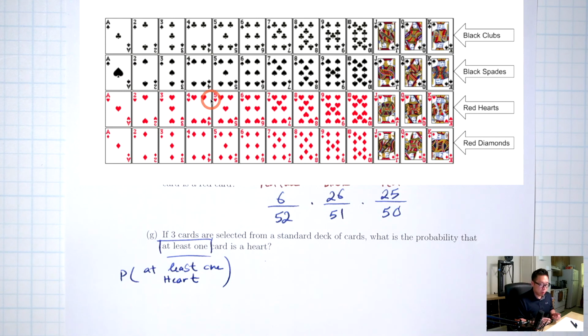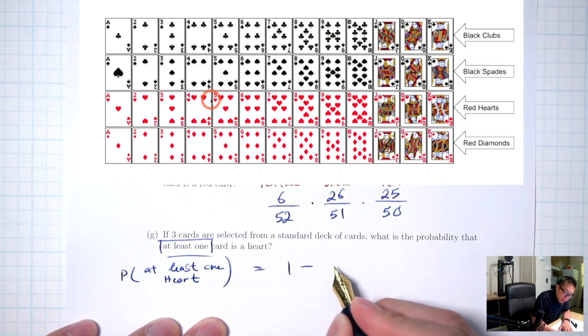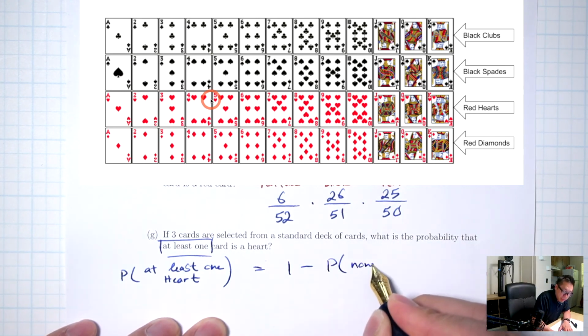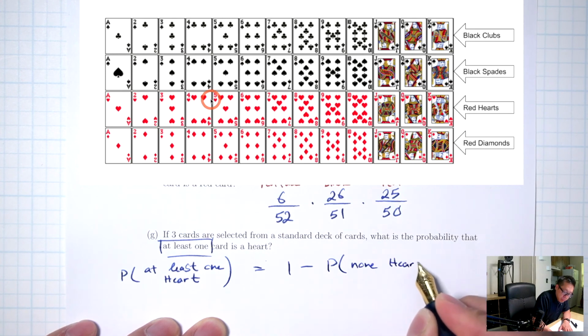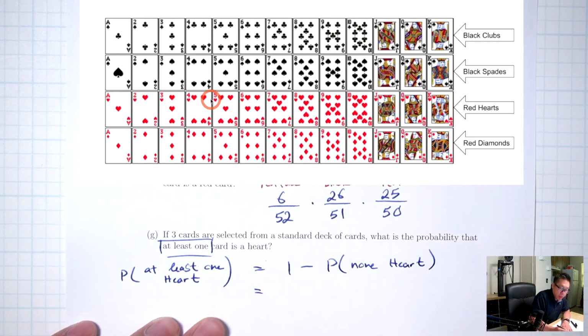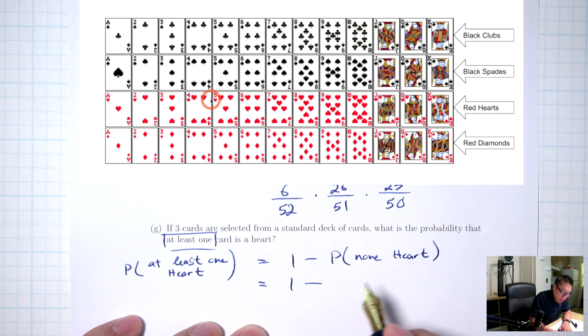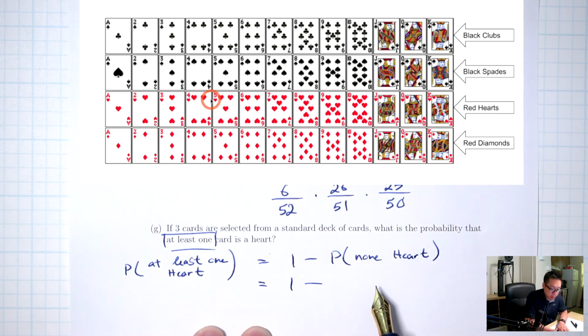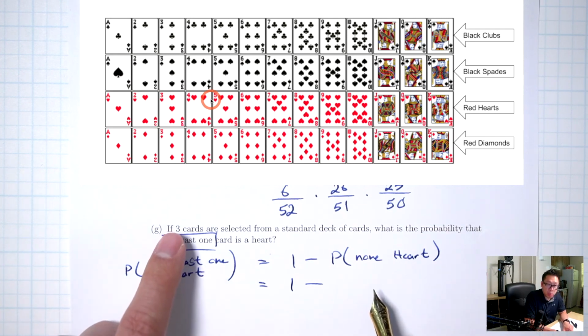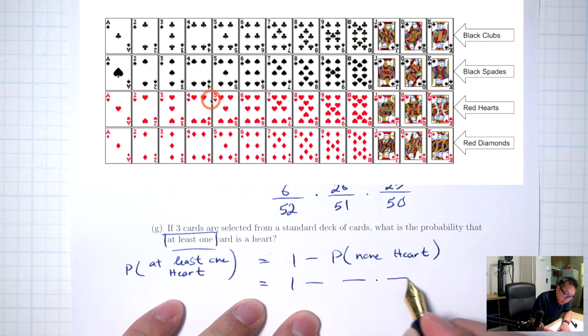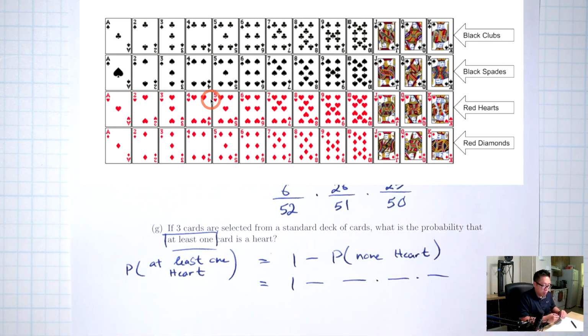And the way you deal with at least 1 is you do 1 minus none. All right, so it's going to be 1 minus, and then decide how many fractions you need. We're talking about 3 cards, so 3 fractions. And then for each of these 3 fractions, what does it mean for none of them to be heart? So none of them heart means not heart, not heart, not heart.